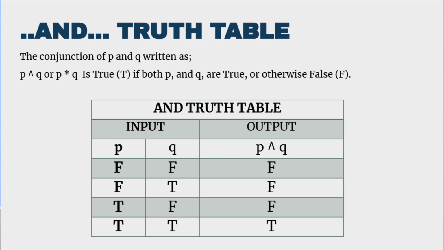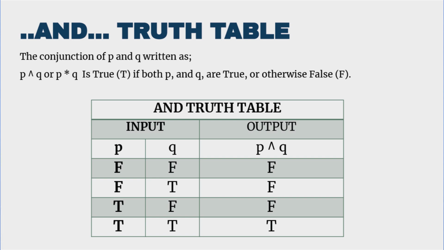Now, this is a little bit different from the either-or. With the either-or, we said that for any true value in the input, it will always result in a true value in the output, irrespective of how many false values there are. You can only get a false value for the either-or if all the inputs are false.